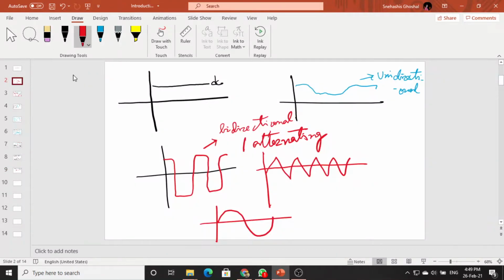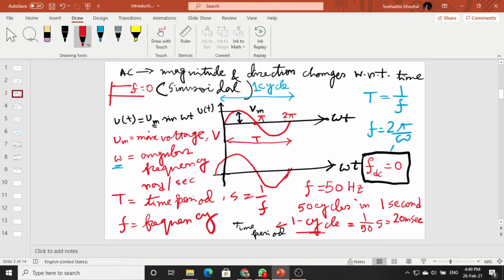Phase means what? If you take the start of this signal from 0, this is your standard waveform Vm sin omega t. Now if I shift the same signal in the time axis to the left side, see, now this is your pi, this is your 2 pi point. By shifting, some displacement is observed.